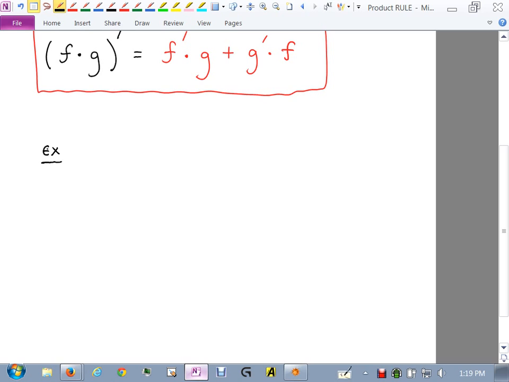How about if y is equal to x squared times sine x? Well, I normally would not write that dot between them. That's too much. I'm giving you too much information there. Find y prime.